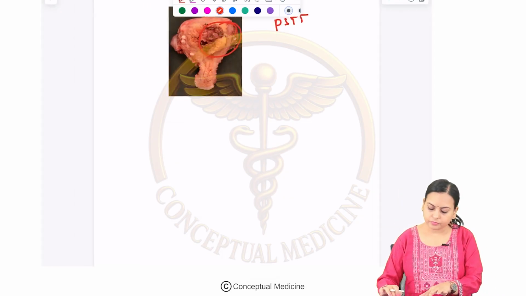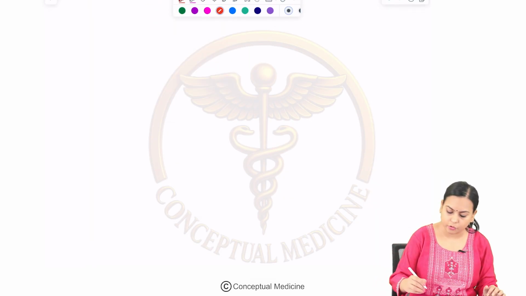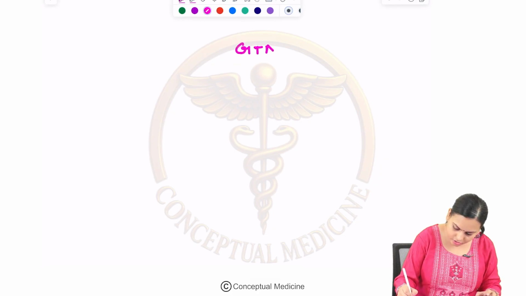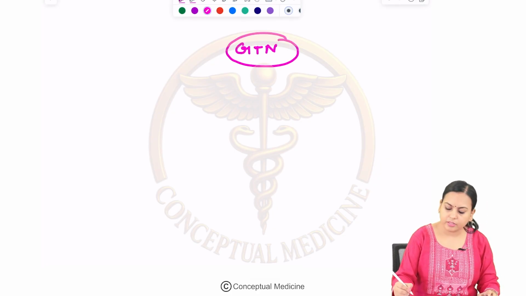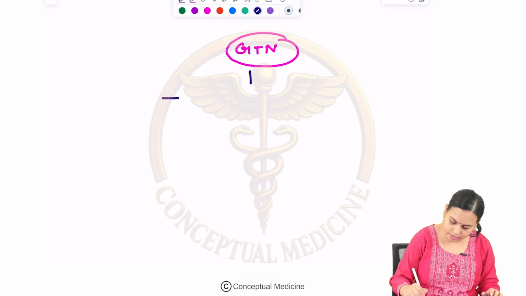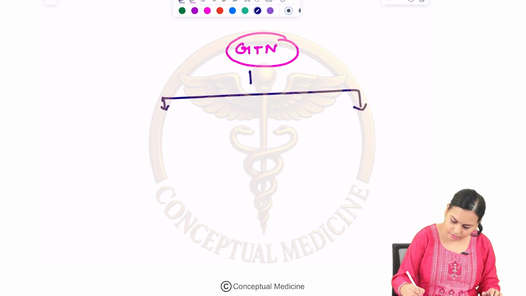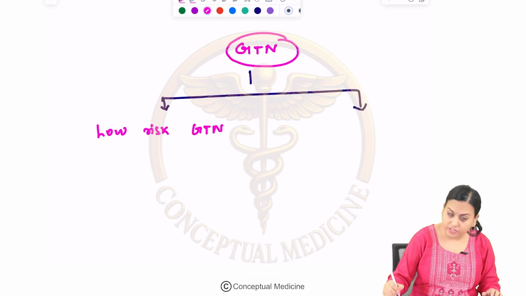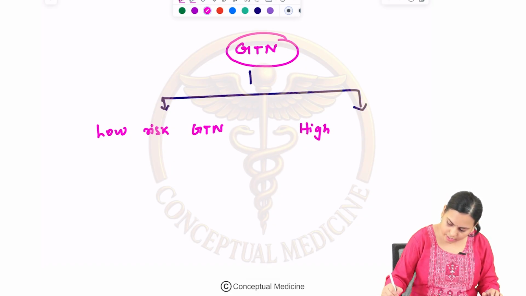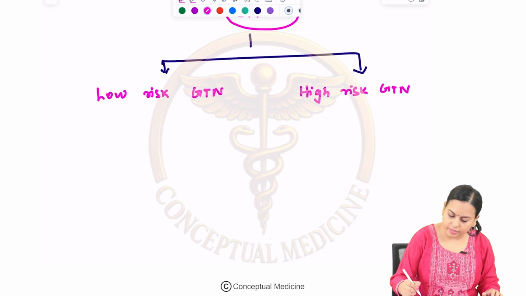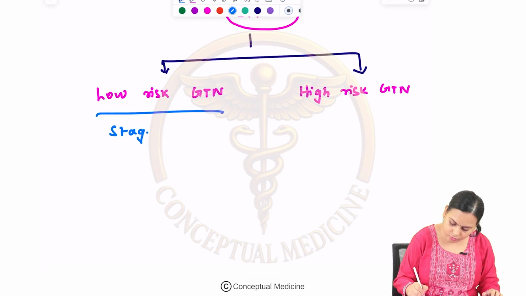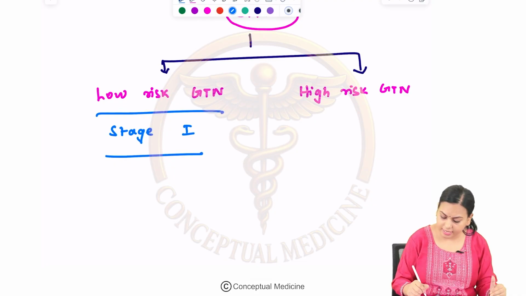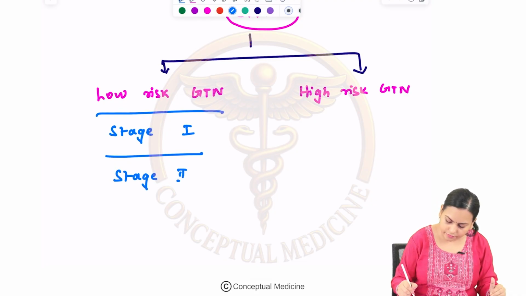Right. Now, how to manage gestational trophoblastic neoplasia? When GTN occurs, it will be further classified into two types: low risk GTN and high risk GTN. Low risk GTN will include stage 1, or stage 2 and 3 also, which get a score of 0 to 6, from the prognostic scoring we have seen in the second classification.